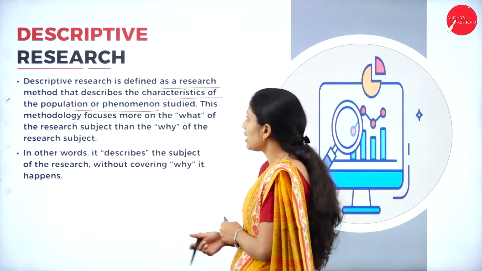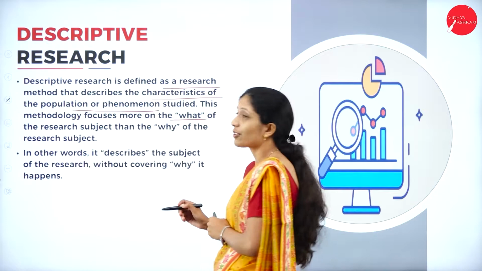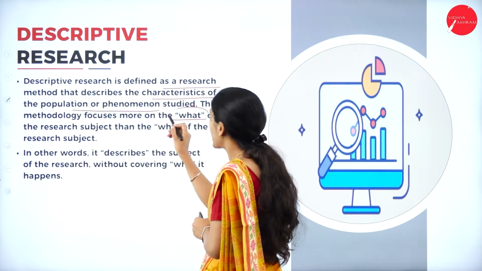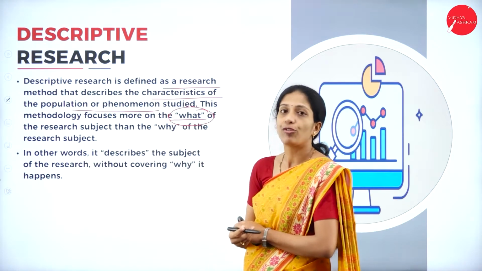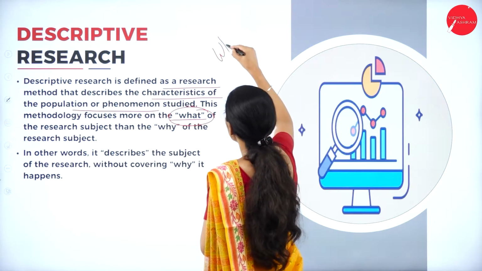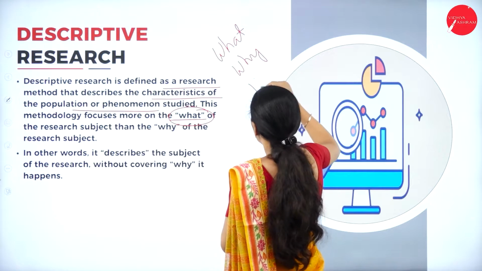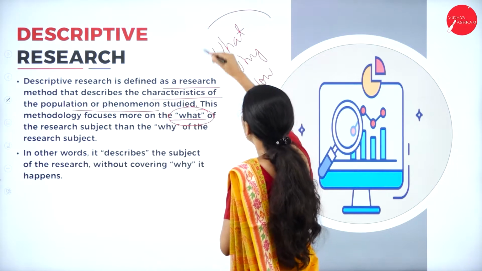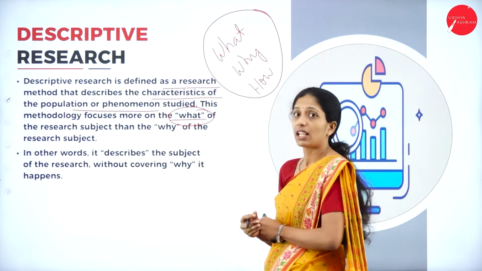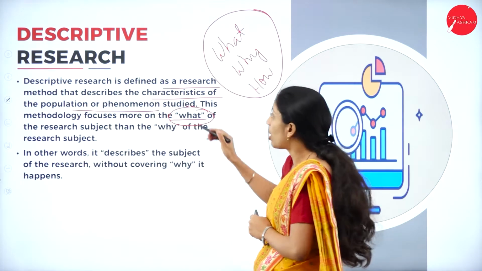This methodology focuses more on what? So here you have to remember, under exploratory research, we are going to focus on what, why and how. But under descriptive research activity, we mainly focus on what.